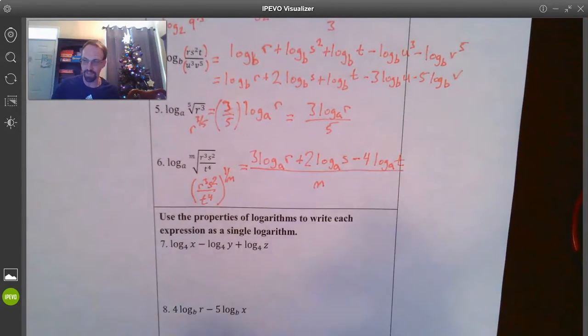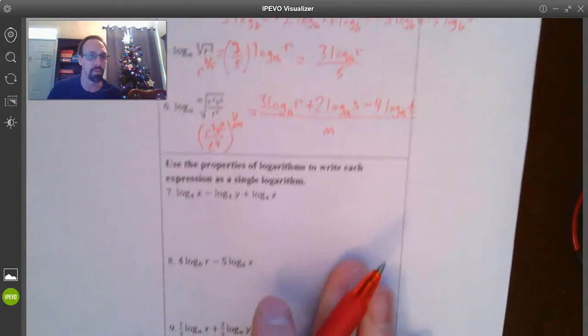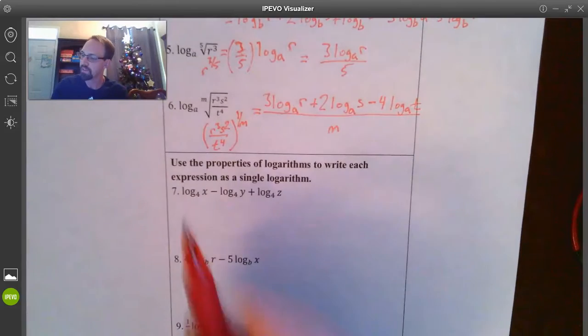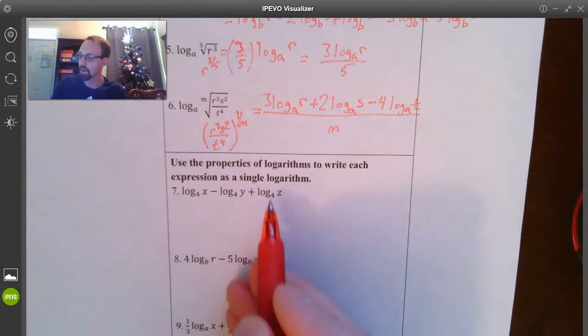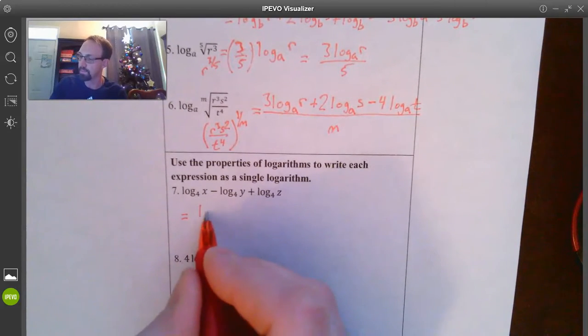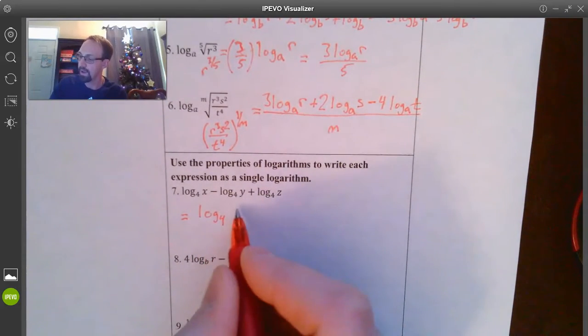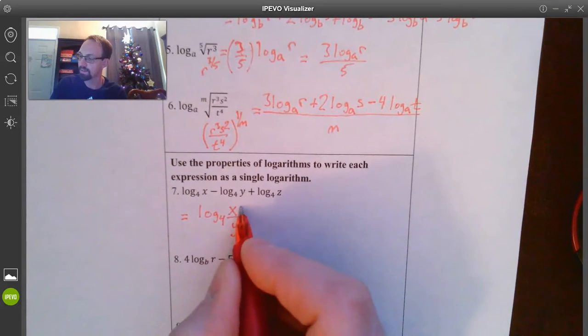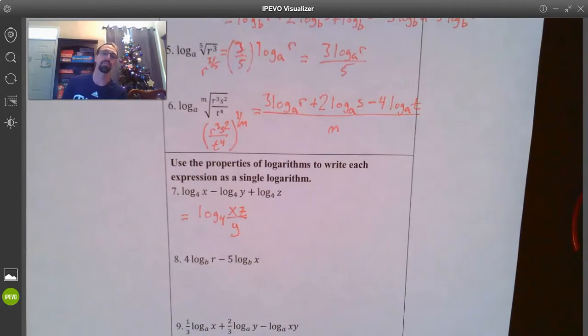There's some expansion that we just did with this one. Again, I'm telling you, knowing how to expand things is useful because most often what we want to do is take multiple logs and express them as a single log, because then we can use it to solve. So again, our goal is to get to a point where we can solve. So log base 4 of x minus log base 4 of y plus log base 4 of z is equal to log base 4 of x times z divided by y.